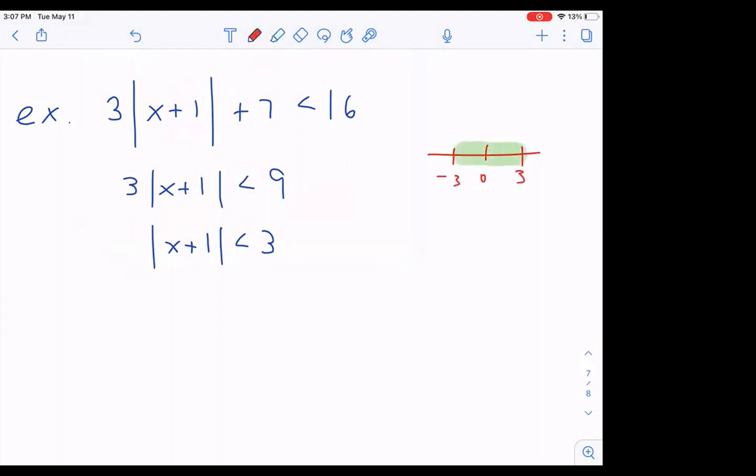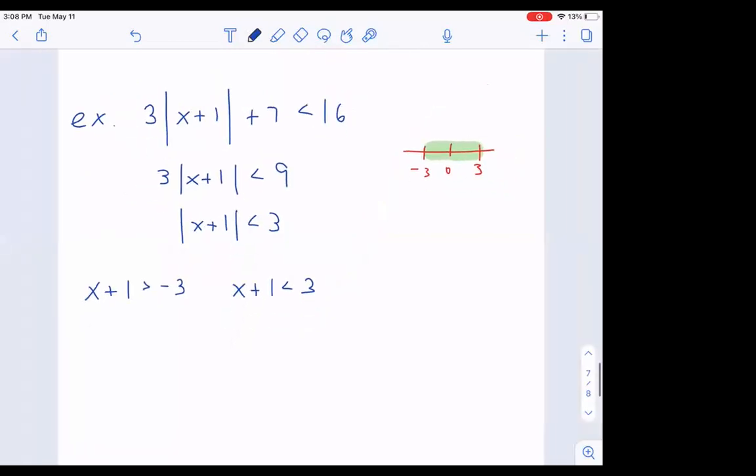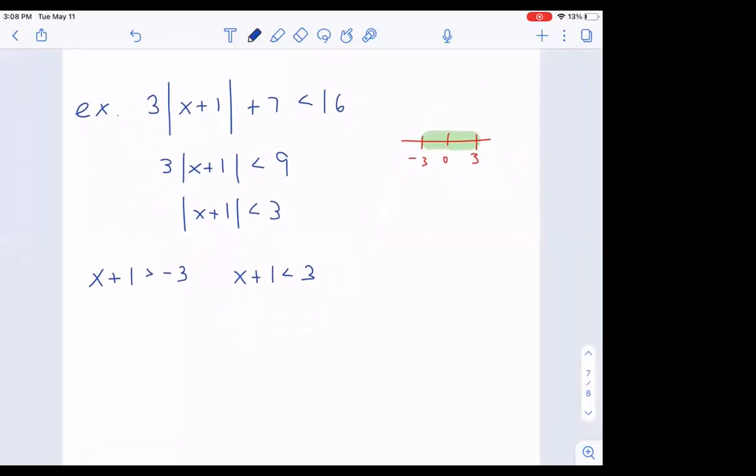Here's 3 to the right, here's 3 to the left, and less than 3 units away would be within there. So my two equations are that x plus 1 has to be greater than negative 3, and x plus 1 has to be less than positive 3. We solve those: x is greater than negative 4, and x is less than 2.